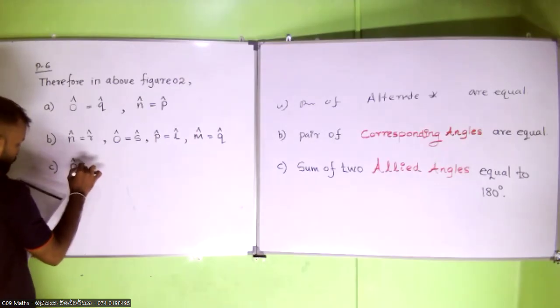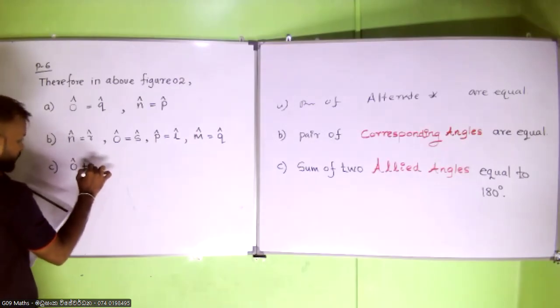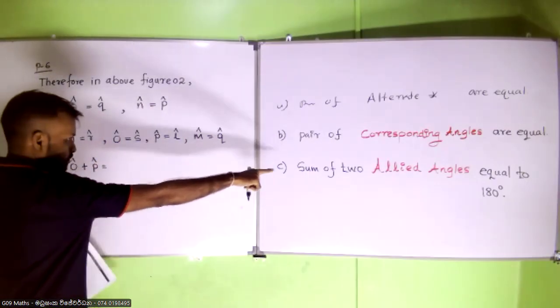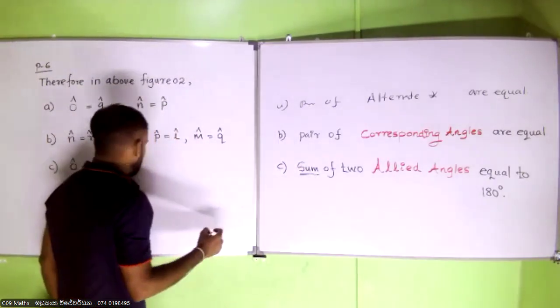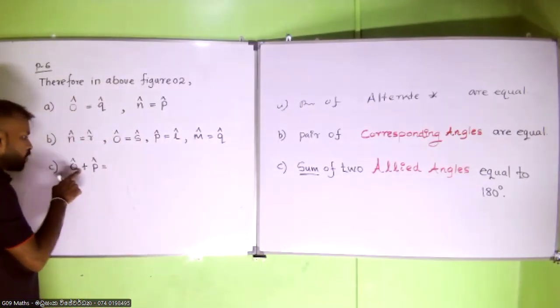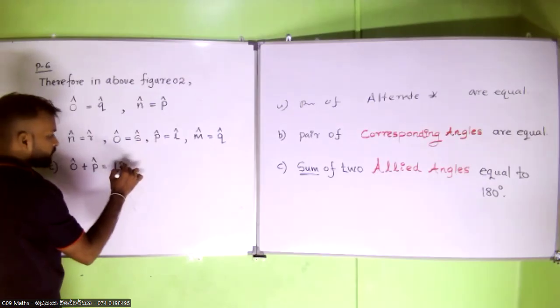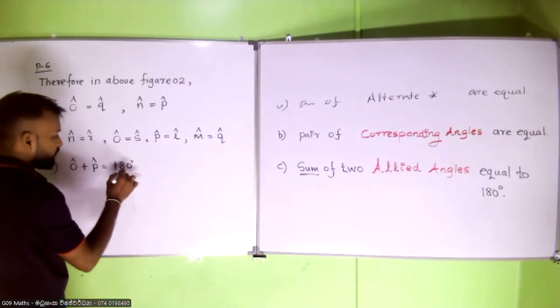Angle O plus angle P, because these are C type angles, that means allied angles, if you add angle O and angle P, the sum will be equal to 180 degrees. Very important.